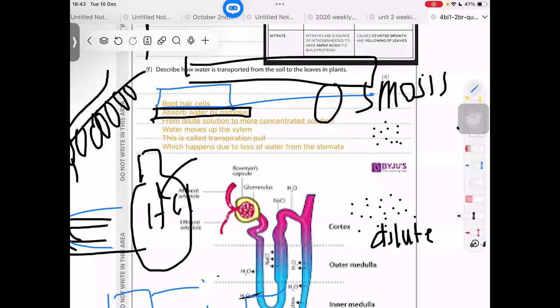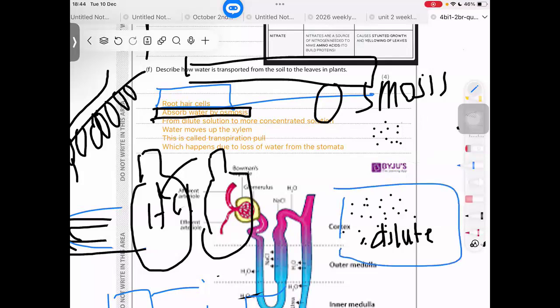Or else, sometimes there are bottles in our laboratories called concentrated hydrochloric acid. The reason is they don't have much water inside that. So dilute means a lot of water is present. Concentrated means less water is present. So osmosis means the movement of water molecules from a dilute solution to a concentrated solution.